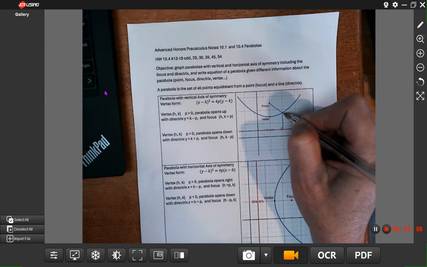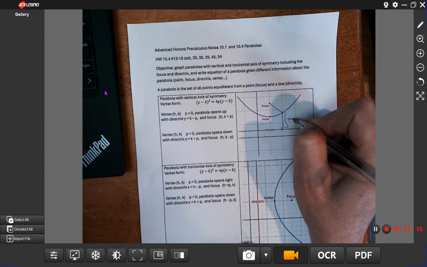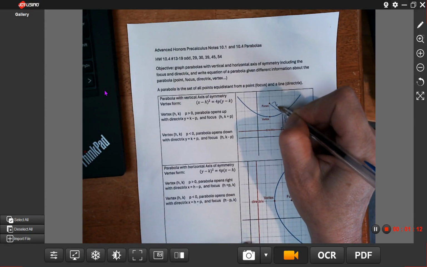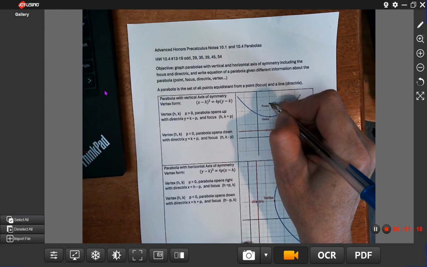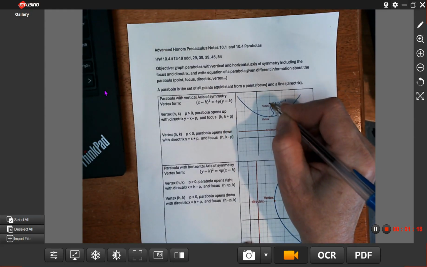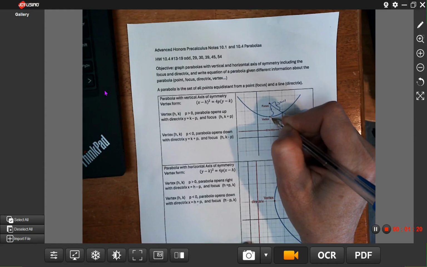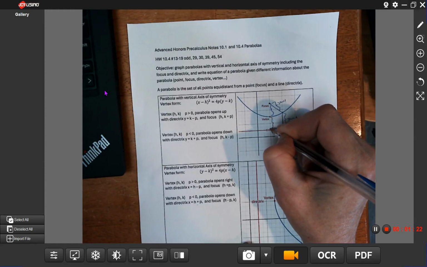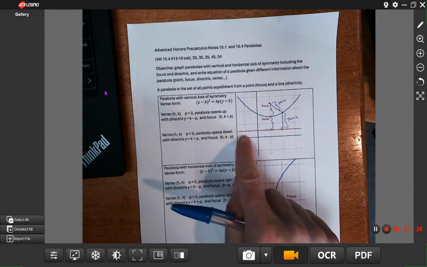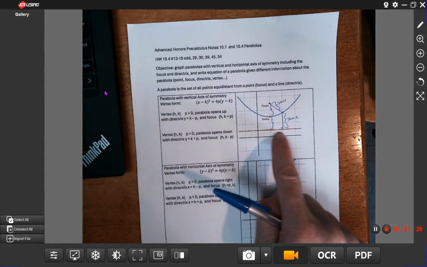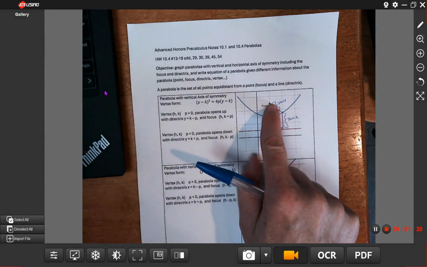So this is the same distance as this, which definitely means that the distance between the focus and the vertex, which is on the parabola, is the same as the distance between the vertex and the directrix. So the directrix is a line and the focus is a point.